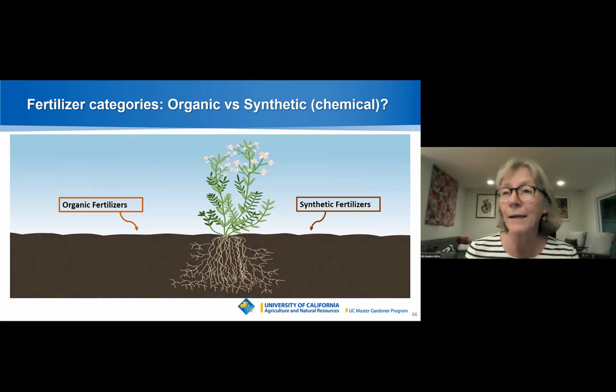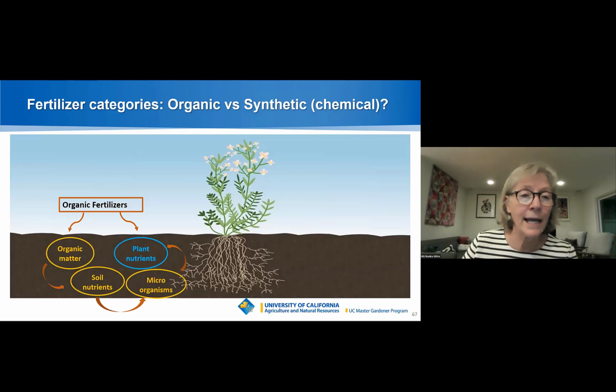One of them is, will you be purchasing organic or synthetic or chemical fertilizer? There are many successful gardeners who use a combination of both of these. Organic, let's talk about those first. They might be manures, compost, bone meal, and they're derived directly from plant or animal sources.